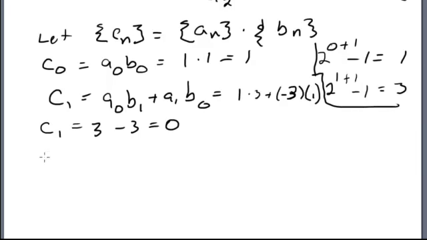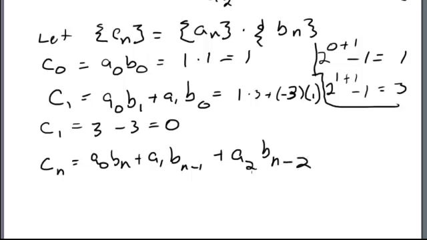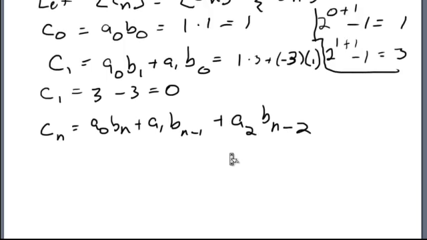Now we come to Cn. Cn is equal to A0 times Bn plus A1 times Bn minus 1 plus A2 times Bn minus 2. Now we're out of A's; the rest of the An are 0, so they're not going to contribute.